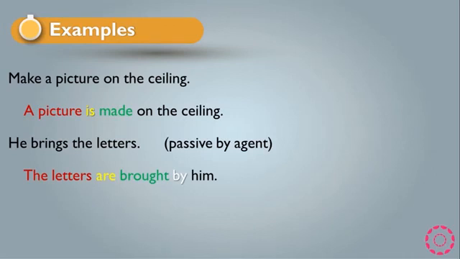As you see, after we change to the passive, the letters, which is the object, comes first, are is the verb to be because it is plural, and the past participle of bring is brought, and we use by, and the subject he, we cannot use a subject pronoun at the end of the sentence, so you have to change to an object pronoun, and he became him. This is passive by agent.